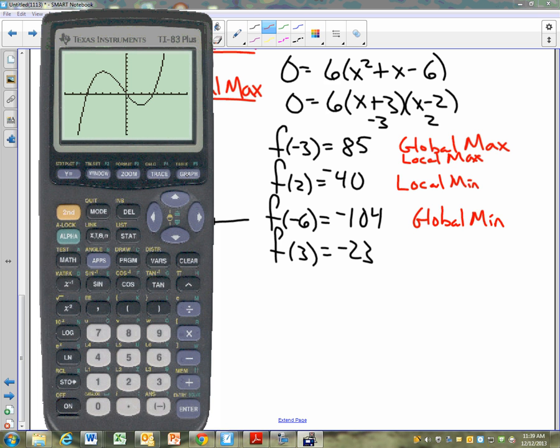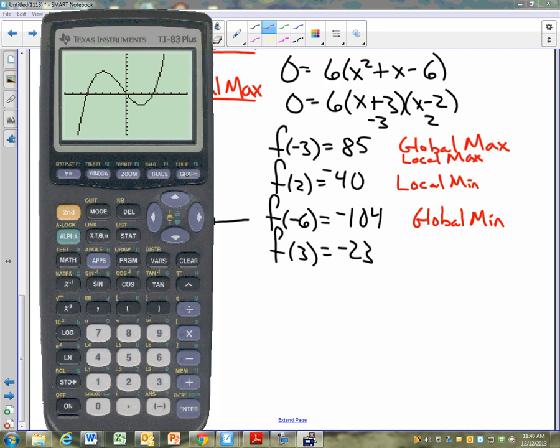She said, what about the local max and local min? That's what we did here. So this is the point that we found. Positive 85, you can see it happens at negative 3. And positive 2, you can see that the value is negative 40.